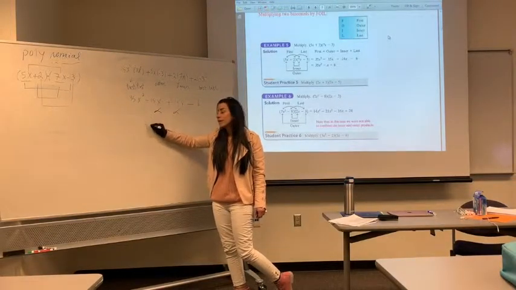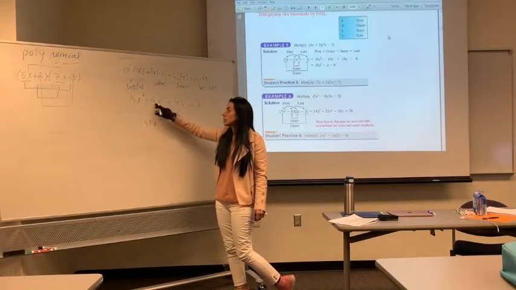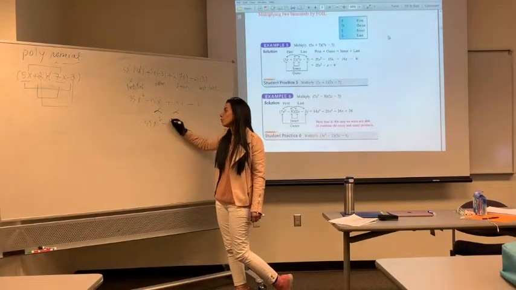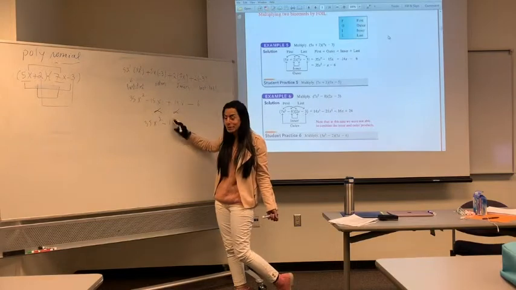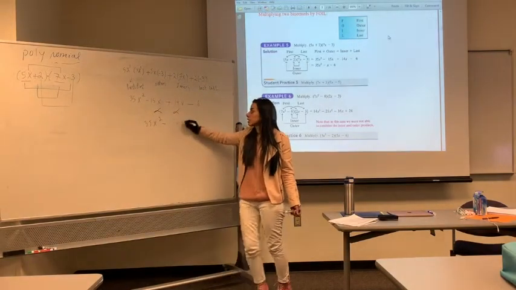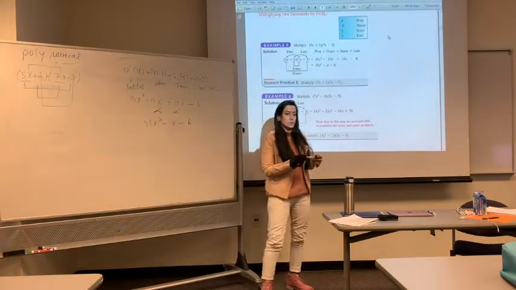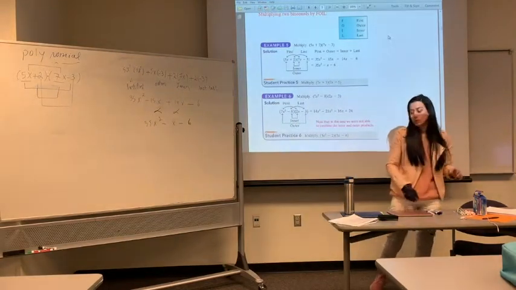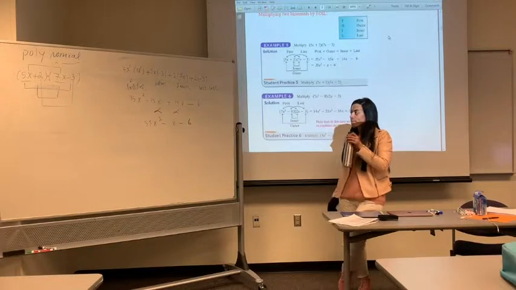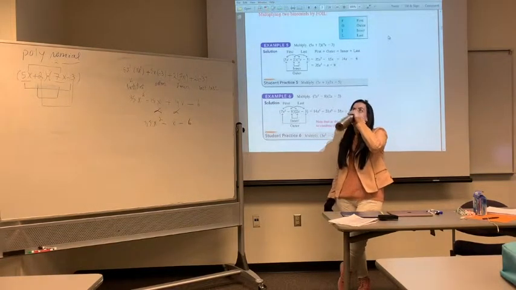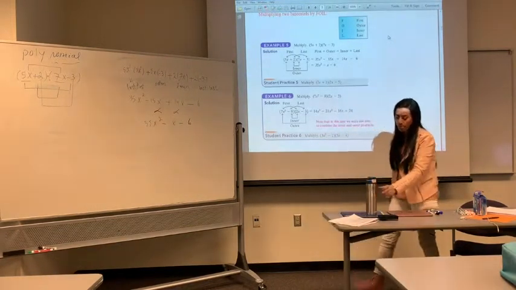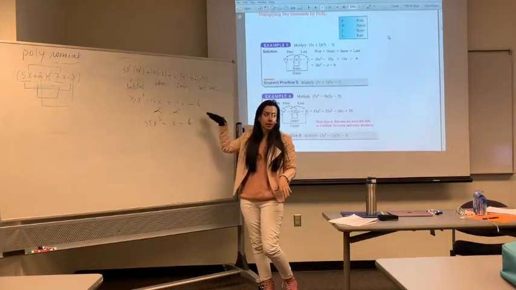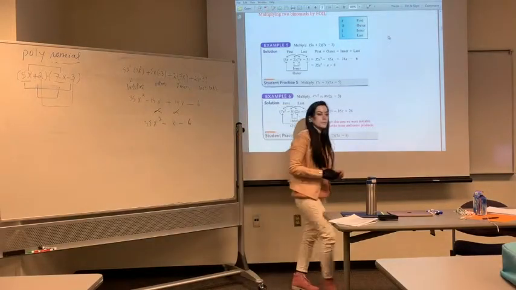So we have 35x power 2, negative 15x and 14x is negative 1x, or we can just write down negative x. Oh yeah, negative x. And then we are done. And that would be the answer. Yes. So at the end, you always should pay attention to the like terms because now we are dealing with combining them, right?